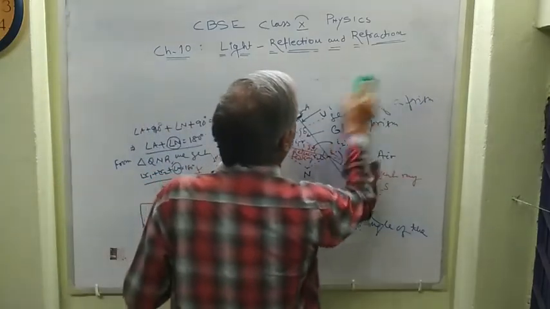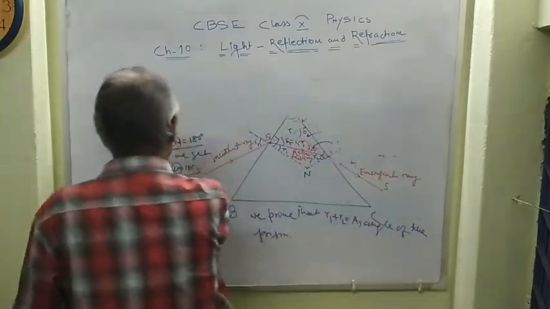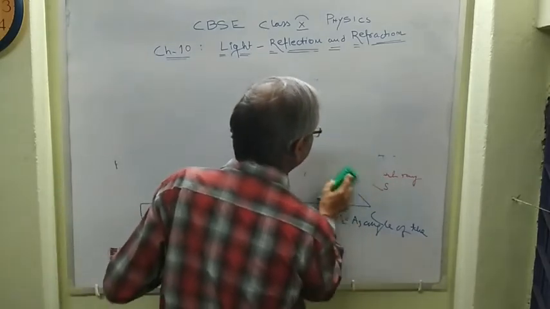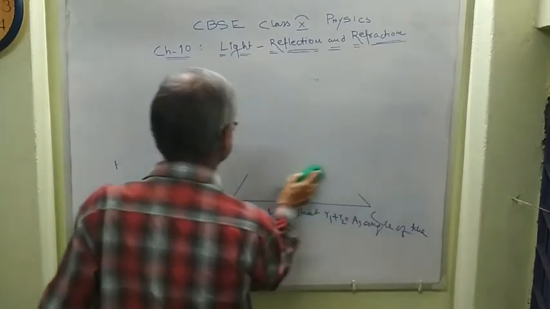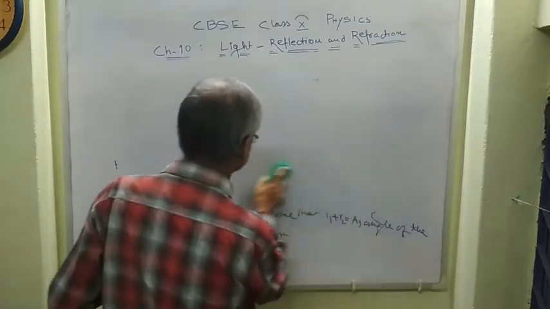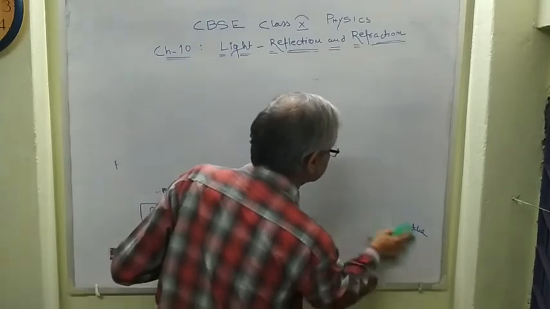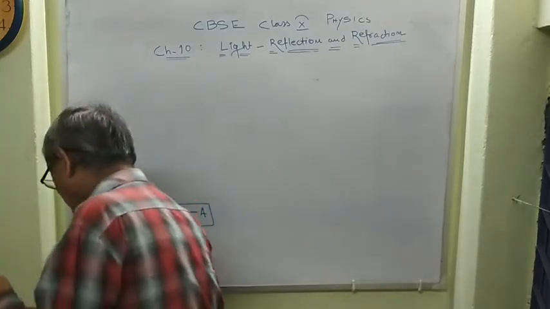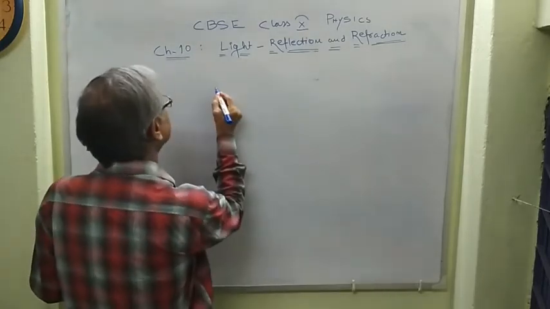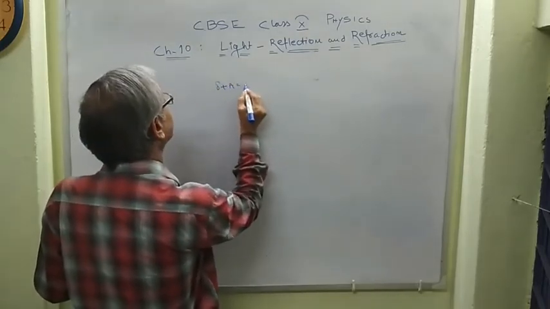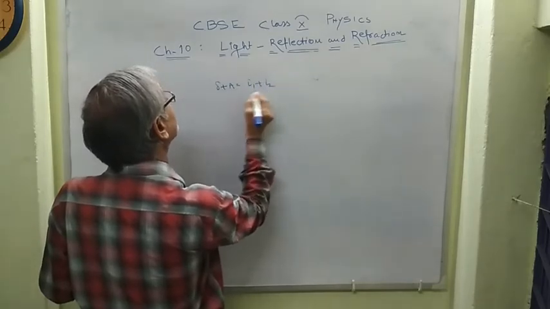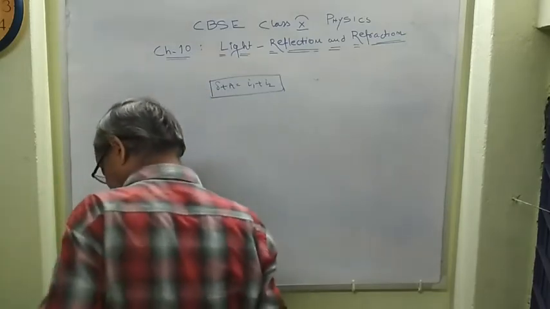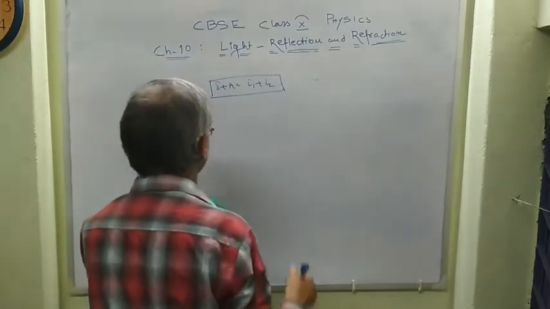Now, if we plot a graph between various angles of incidence and the angle of deviation, we get the following graph. It may also be written as delta plus A equals I1 plus I2. Now, we take the graph.